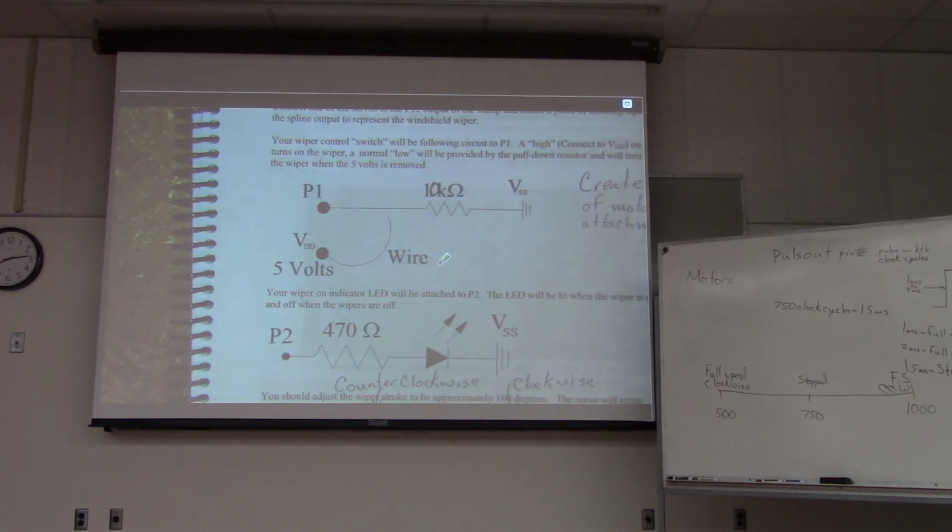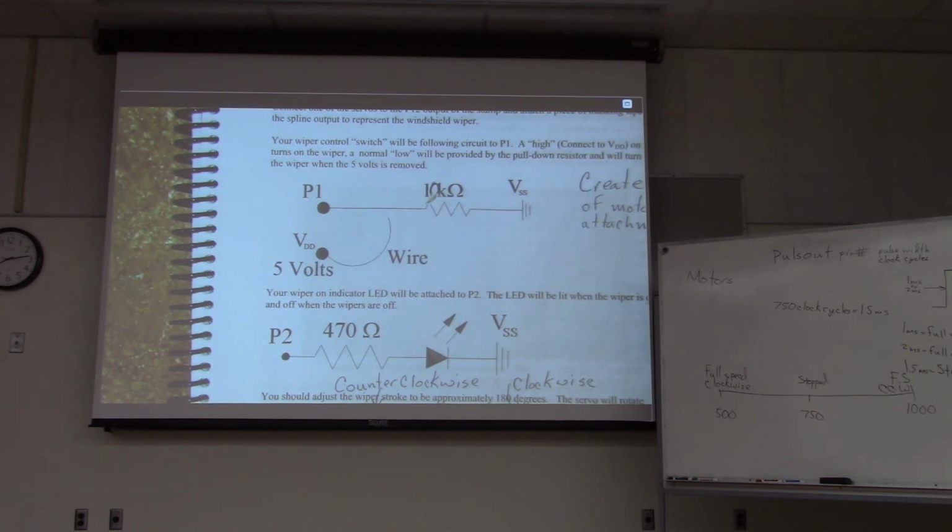They are using a resistor and then another wire over here. And there are reasons that they do that, but this is just a more complicated way of setting things up. And it's not really necessary. So I would recommend not doing it like this. I would recommend doing it the way that I showed you in class.